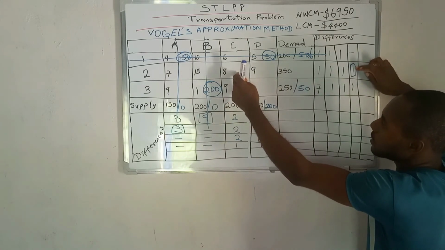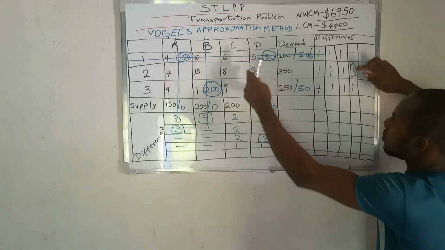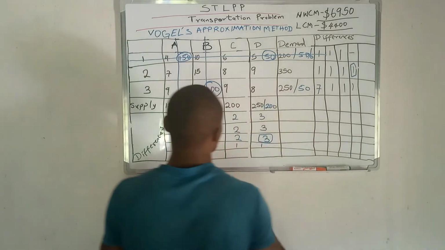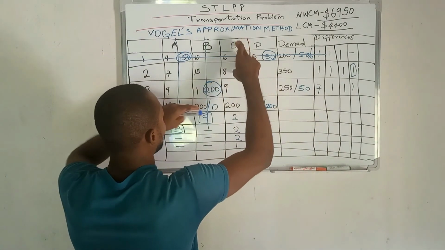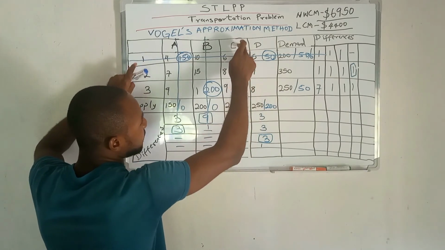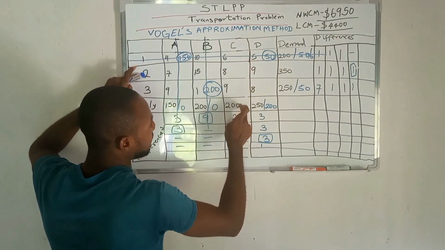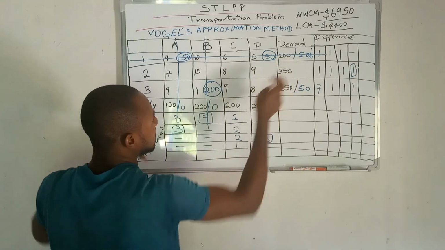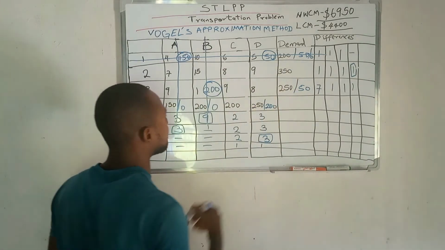The smallest cost here is 8. So we supply to this place. Now this 8 is combining C and S2. So in unit C we have 200 goods, and this place is demanding 350.